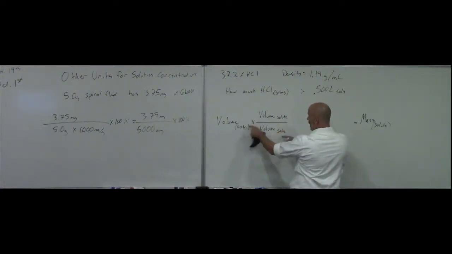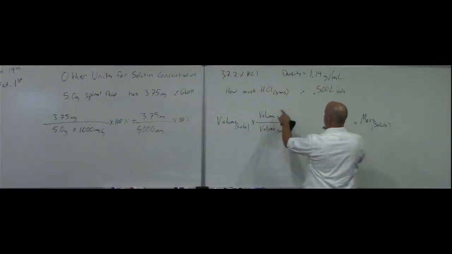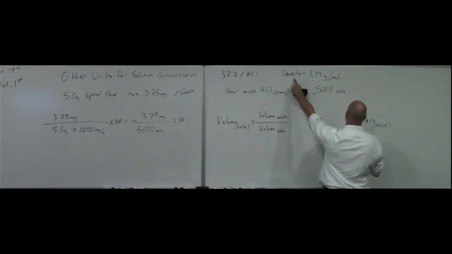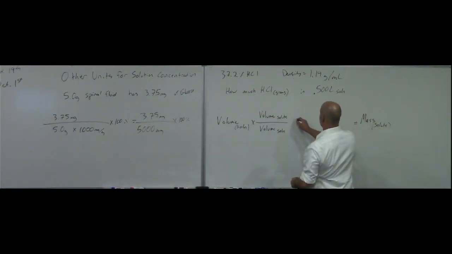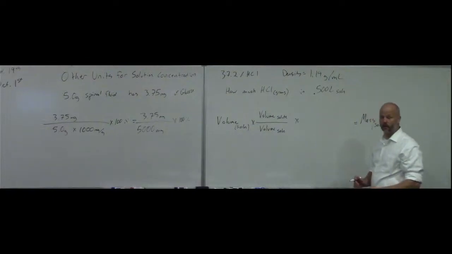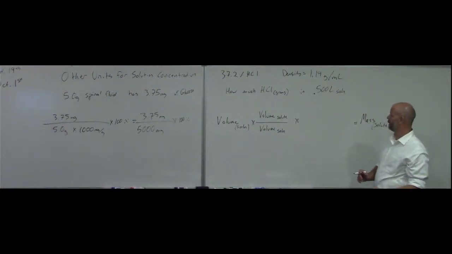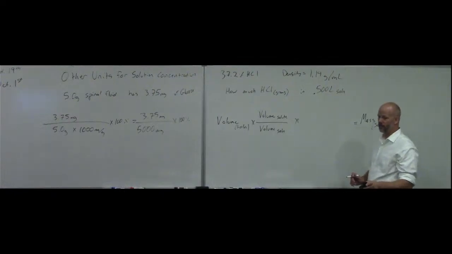These will cancel out. Now I'm dealing with volume of solute, and my density will let me get from volume of solute to the mass of the solute. So hang on, the volume of solution at the bottom will make it to where that won't work. No, that's not true. Hang on a minute.